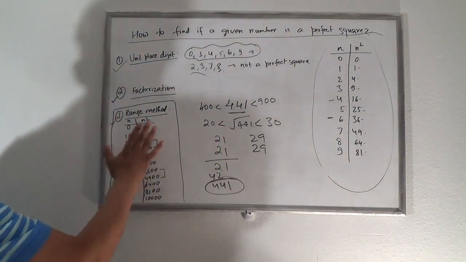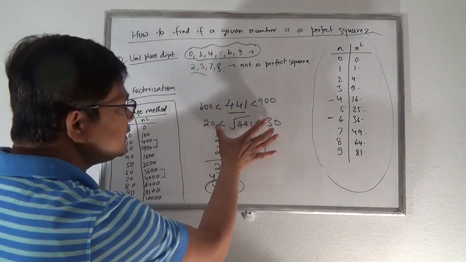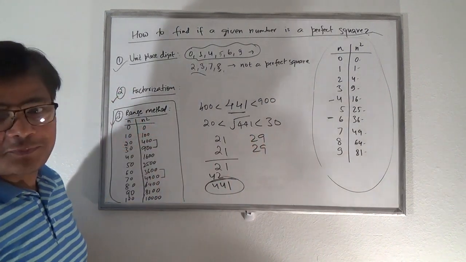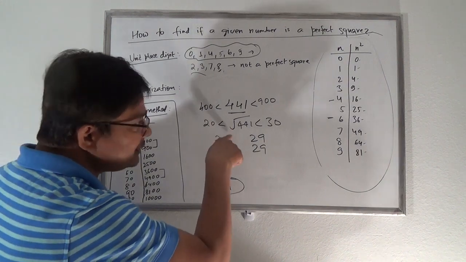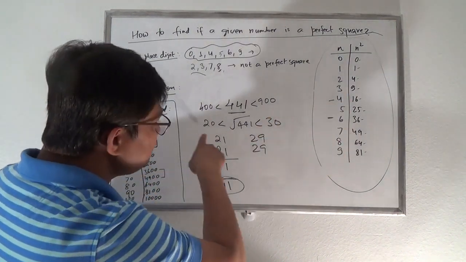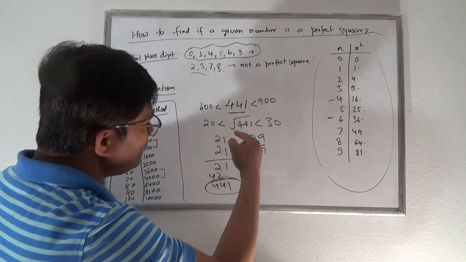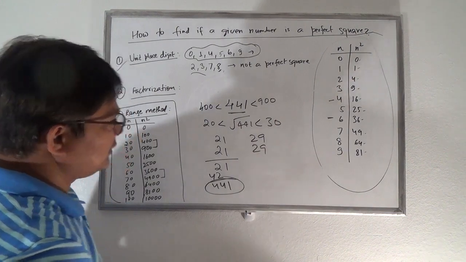So what we found is that using this range method, we can minimize the range we have to look into to find whether this number is a perfect square or not. And inside that range, look at this table, because you don't have to multiply 21 by 21, 22 by 22, 23 by 23, up to 29 times 29.